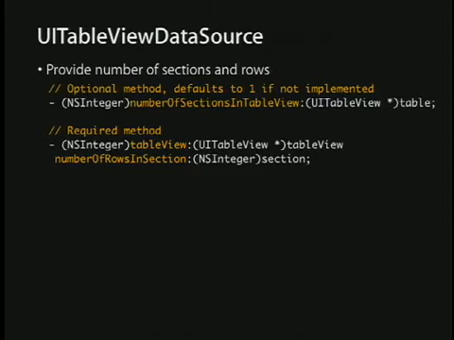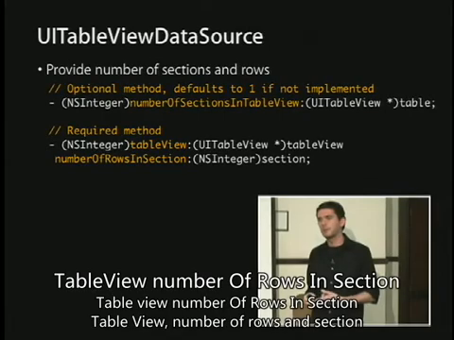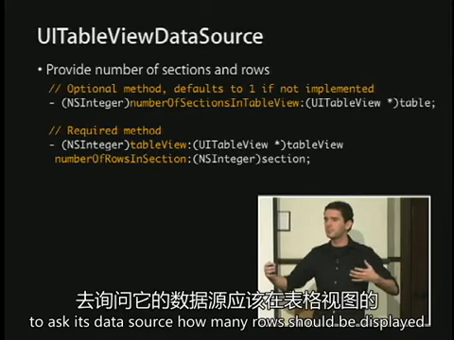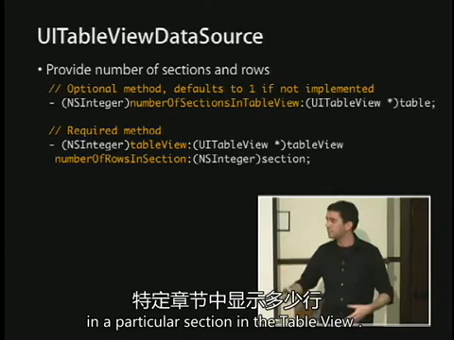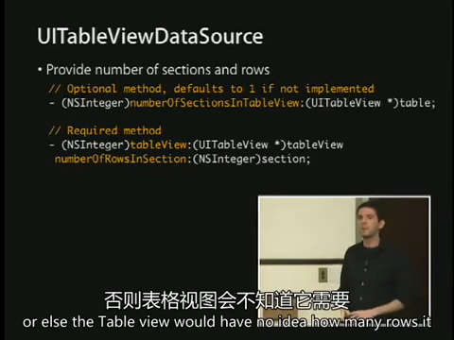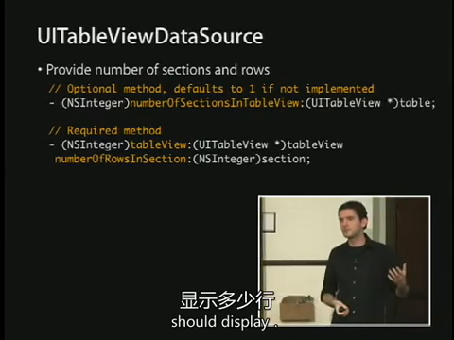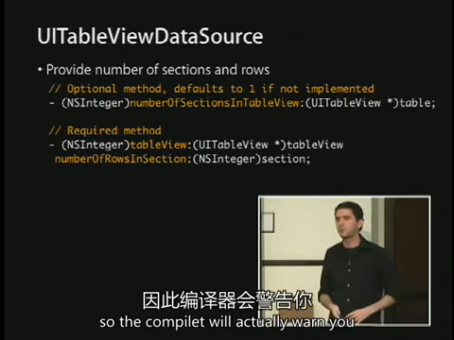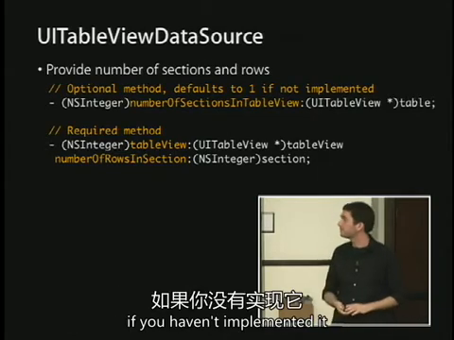And then there's a required method, tableView:numberOfRowsInSection:. That allows the table view to ask its data source how many rows should be displayed in a particular section in the table view. So you obviously do need to implement that, or else the table view would have no idea how many rows it should display. It's declared in the @required block, so the compiler will actually warn you if you haven't implemented it.